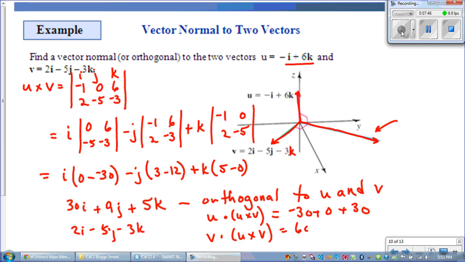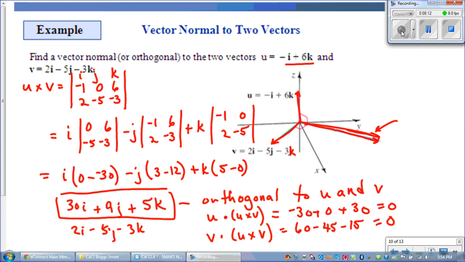And we'll get 60 minus 45 minus 15. So we do have that they're orthogonal. It ends up any multiple of that vector would also be orthogonal. Remember, a multiple is just a vector that's parallel, so it'd be pointing in the same or opposite direction. But that would be our cross product, and it's orthogonal to the 2 vectors that were given.